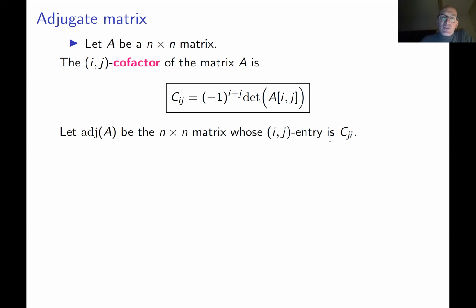Basically, you just take the matrix whose entries are C_ij, and then you transpose it. So this is a crucial point: here I swap i and j. Basically, you take the cofactors, put them into a matrix, and then you transpose it. The resulting matrix is called the adjugate.